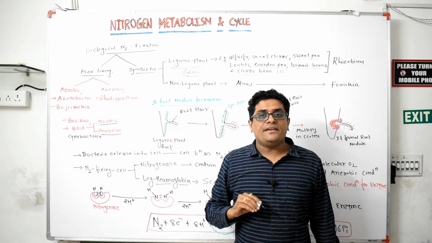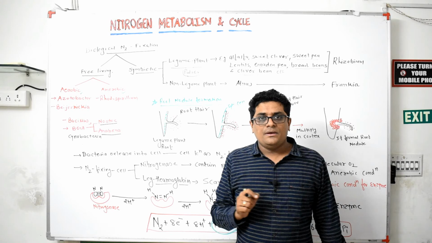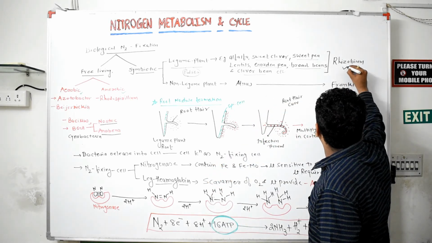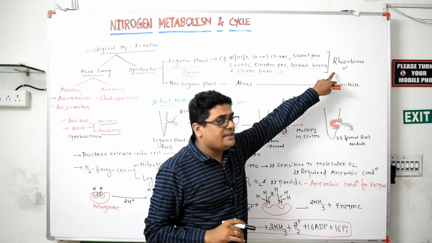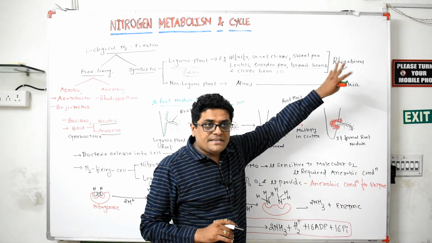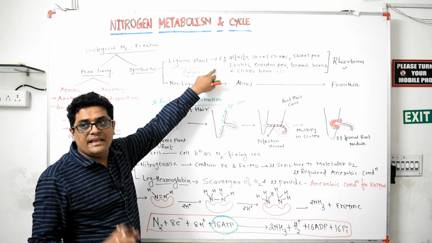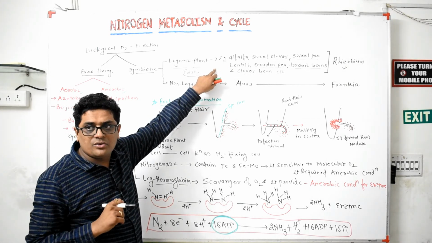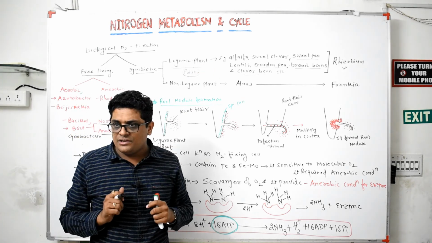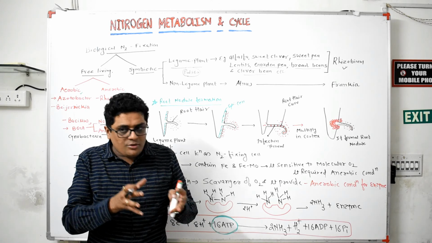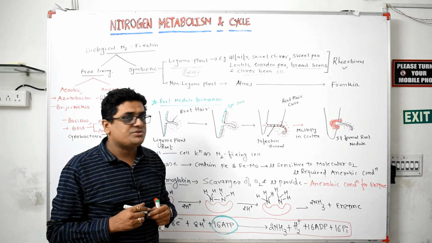These are the legume plants. And the roots of all these legume plants possess the bacteria known as Rhizobium. The Rhizobium bacteria live symbiotically in the root of the legume plant, and they help in the fixation of nitrogen in the soil. Why is this association of the root of the legume plant and the Rhizobium bacteria called a symbiotic association?